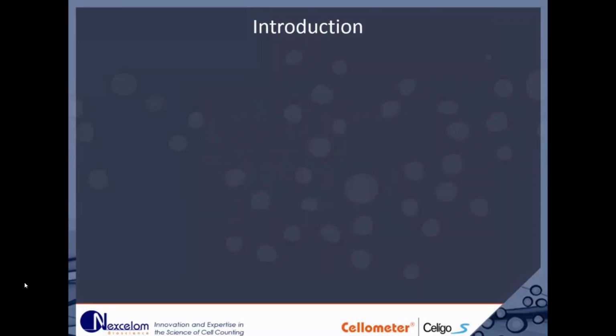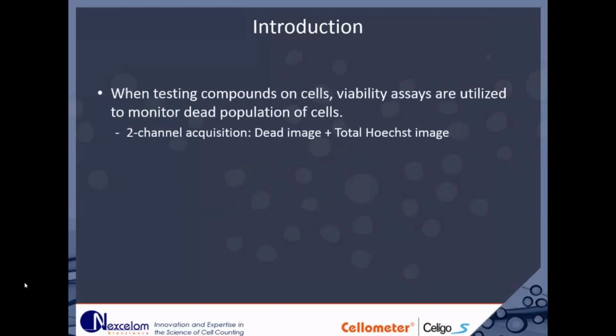The important part of this is, again, you want to have a viability staining, but sometimes it's really important to recognize the cell morphology, as you see in bright field, which can add a lot of interesting insight to your assays or experiments. So typically when you run a viability assay, you'll select the dead plus total in the viability suite, and that would just be your PI and Hoechst staining.